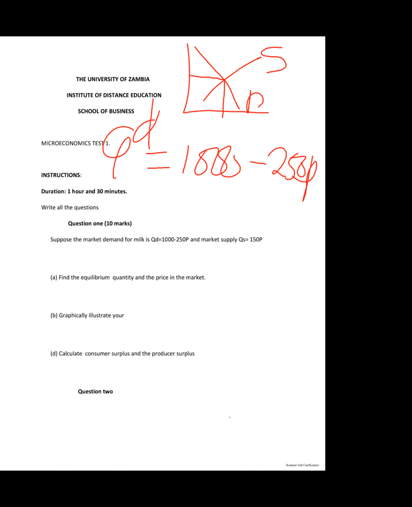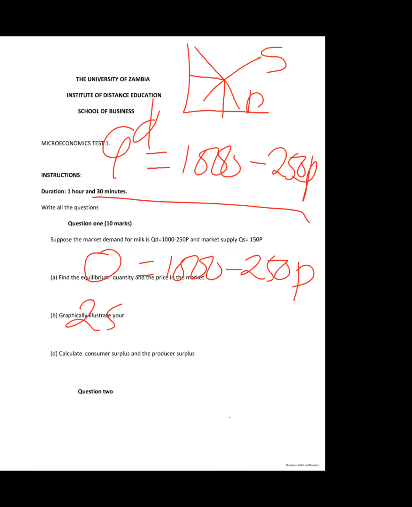If you want to know the maximum price, you set quantity equal to 0 in this equation. So quantity demanded 0 is equal to 1,000 minus 250P. We solve for P, make P the subject of the formula.